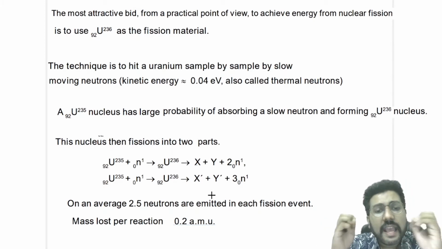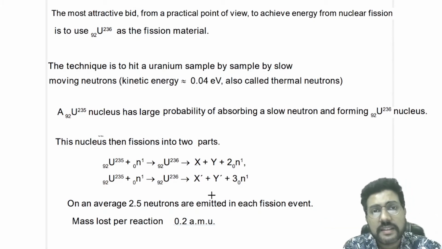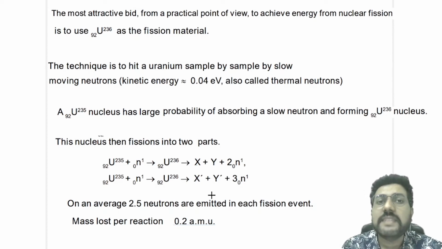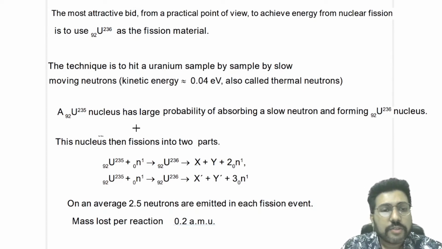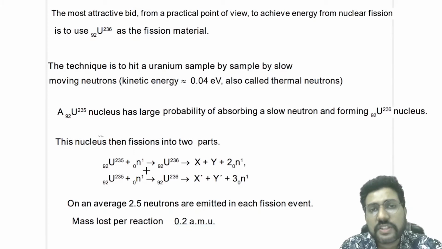There are a number of reactions that can be written here. But the most important reaction for us is the reaction where barium and krypton are formed, because that has the maximum yield. So the nucleus then fissions into two parts, that is X and Y, or X dash and Y dash, or X double dash and Y double dash.